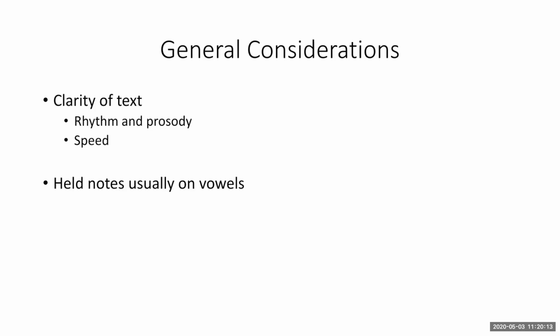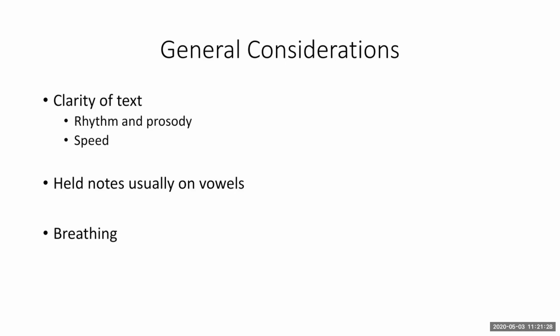And then if there's a final consonant at the end of the syllable, or possibly multiple consonants, will come right at the end of the full note value. Occasionally, composers will ask a singer to hold out a consonant sound, typically things like M or N that lend themselves to being held a little longer. But that's usually for a special effect.